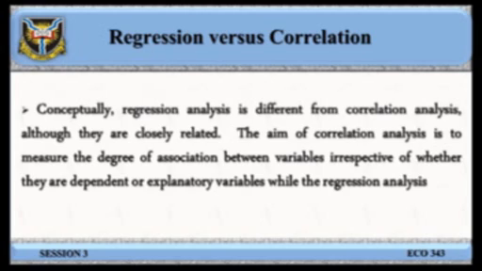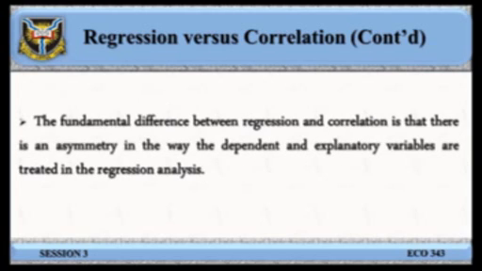In regression analysis, emphasis is not on the measure of the degree of association, but on the value of a variable on the basis of the fixed values of other variables. The fundamental difference between regression and correlation is that there is an asymmetry in the way the dependent and explanatory variables are treated in the regression analysis.